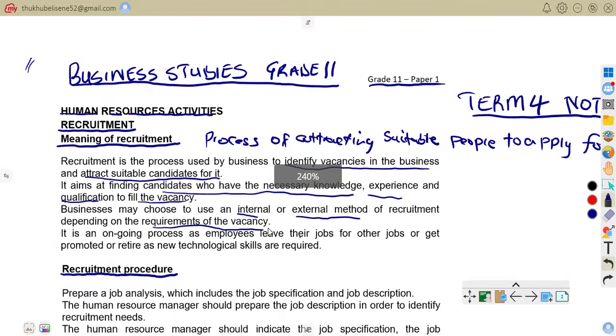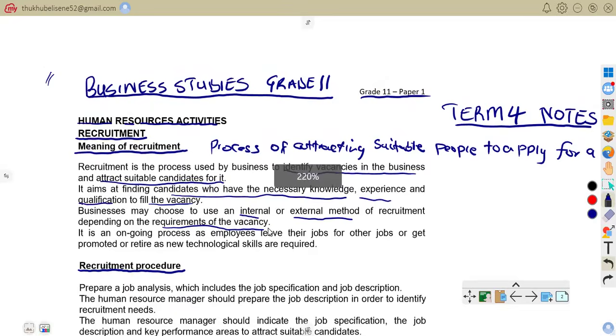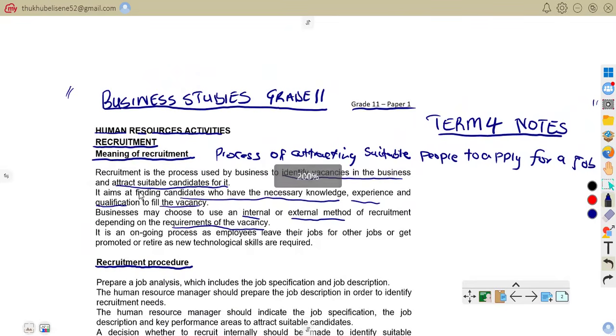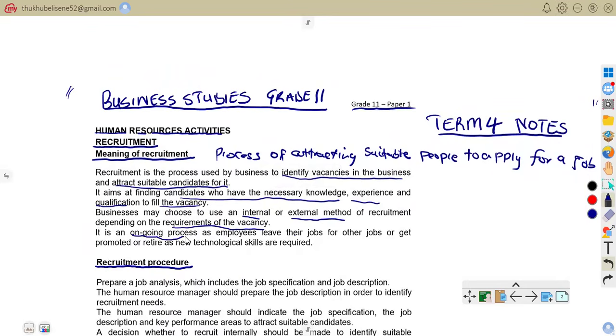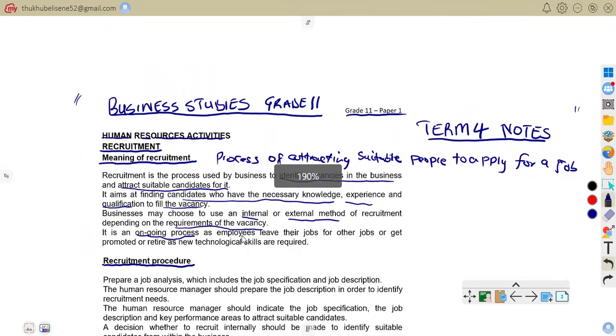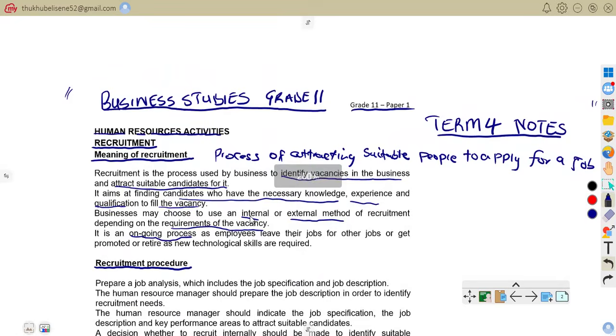So it means it is an ongoing process, and we have to go for recruitment. I hope we are together. Now let us move on.